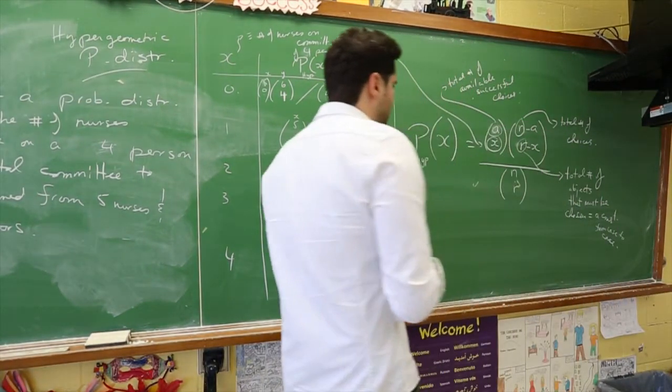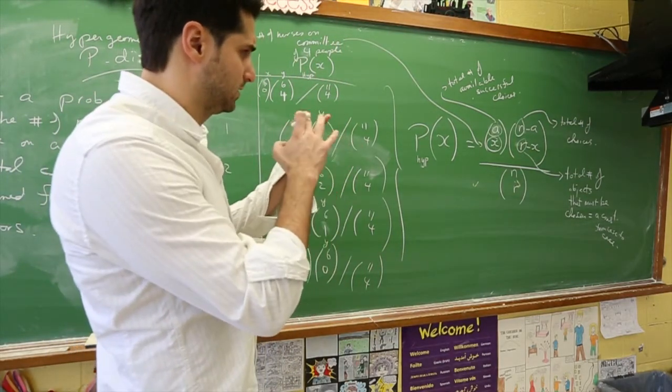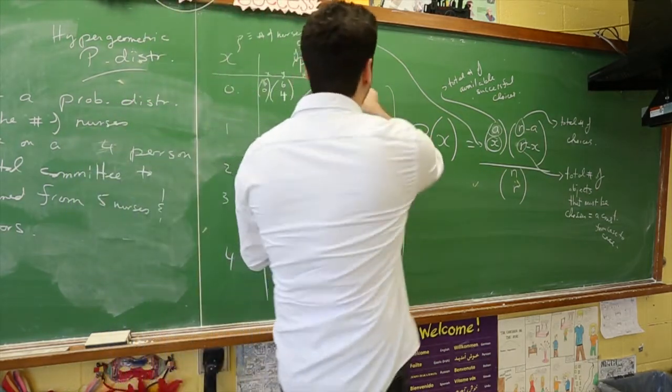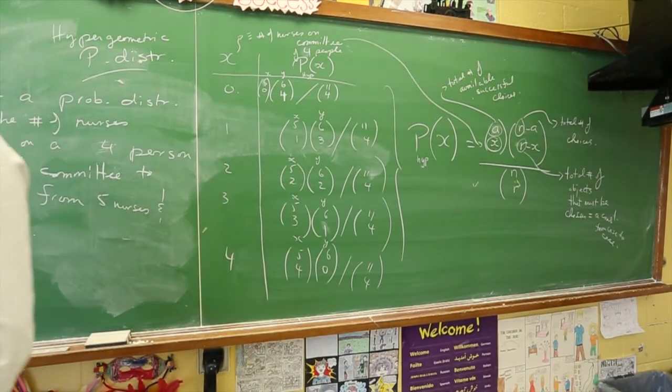And I think that's it. Have we defined every variable? There's an A, there's an X, there's an N, there's an R.